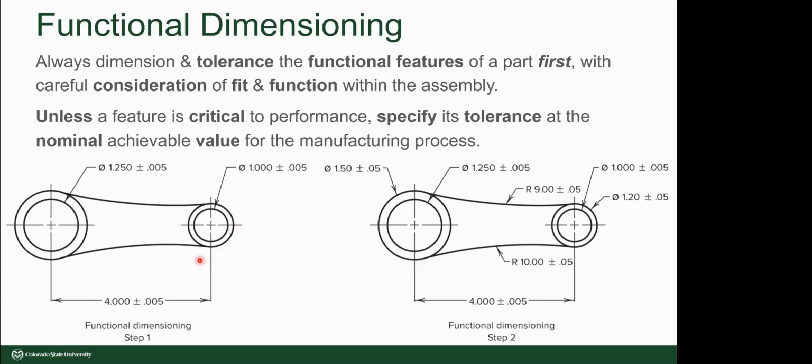The length of the bar, the overall length of the bar, not important. So those are the less critical dimensions. And therefore, when we're dimensioning this bar, we want to have tight tolerances on the critical dimensions, 5/1000ths of an inch. And then for those non-critical dimensions, we have looser tolerances, 5/100ths of an inch.